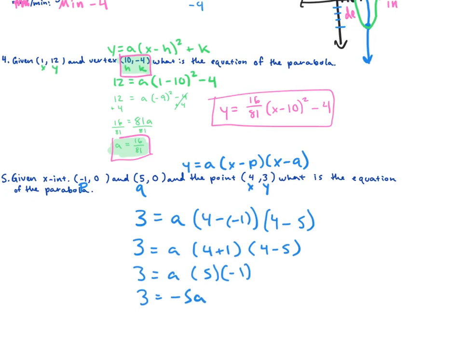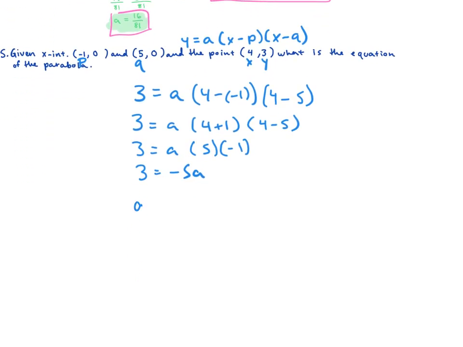And what do we get for a? -3/5. Perfect. Now what do we do? Put it back into the equation. What do we put back into the equation? a and p and q.